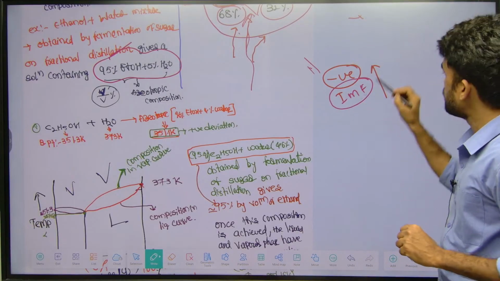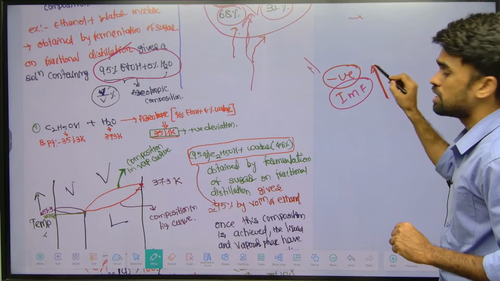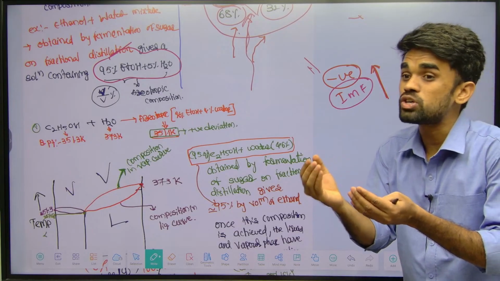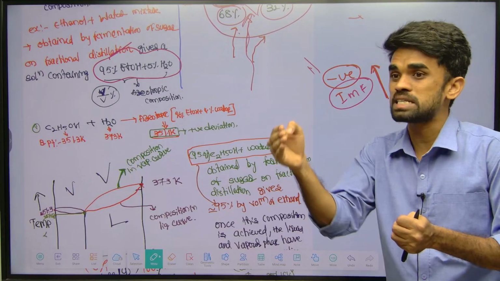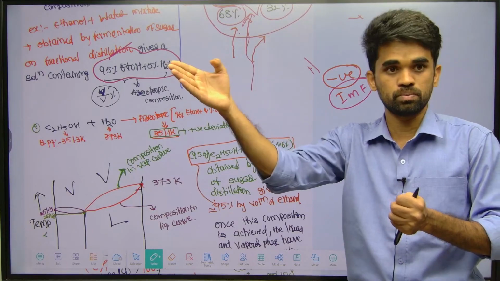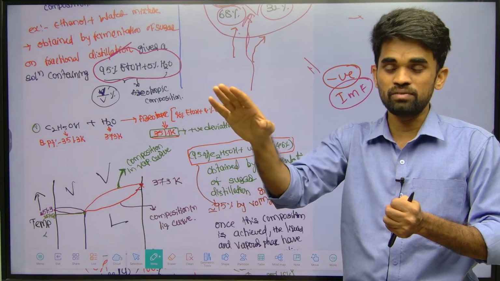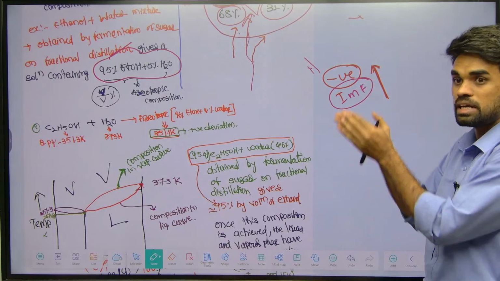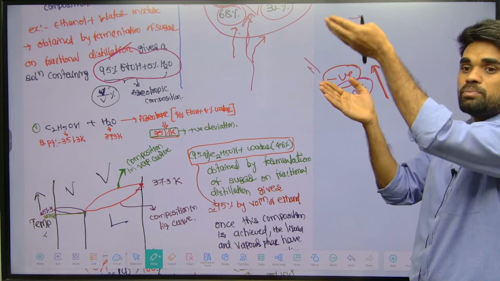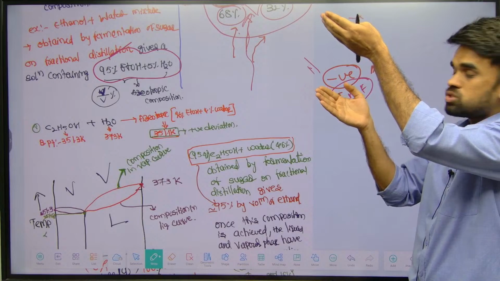If intermolecular forces are increasing, what happens to the boiling point? It increases. That's why it is called a maximum boiling azeotrope.